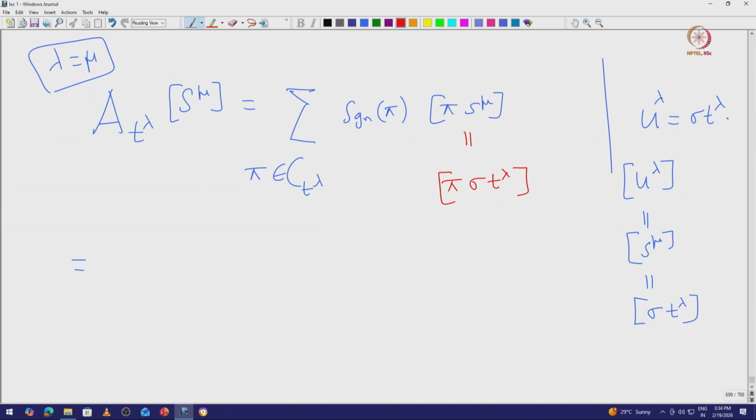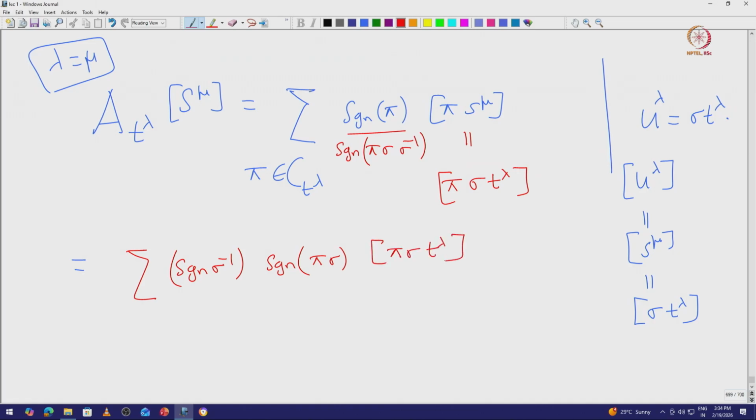So, if we multiply by sigma and sigma inverse, you can replace this by sine of pi sigma sigma inverse. Then this becomes exactly equal to sine of sigma inverse sine of pi sigma and then pi sigma t lambda, where pi is running over C t lambda.